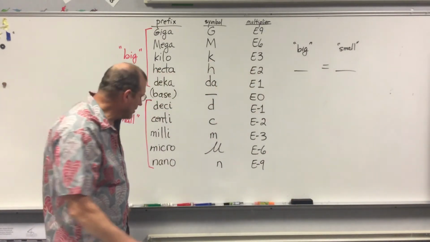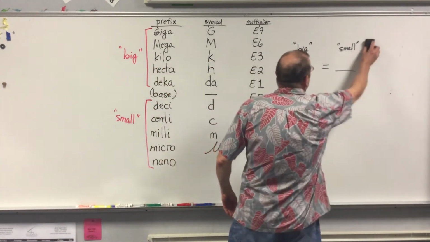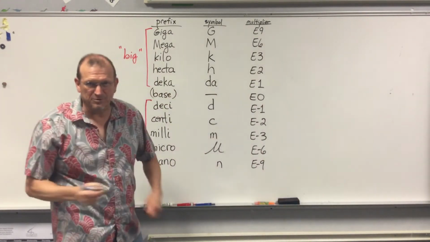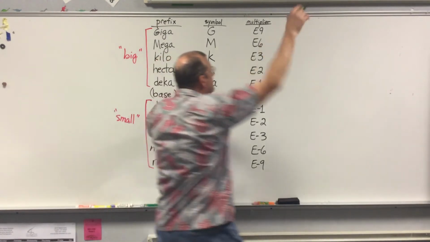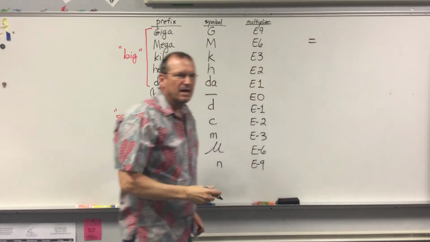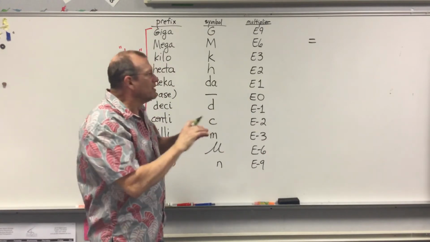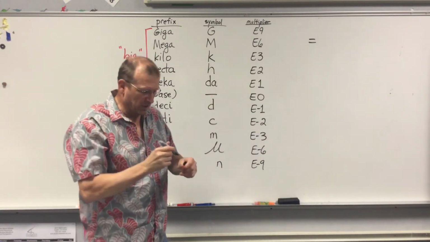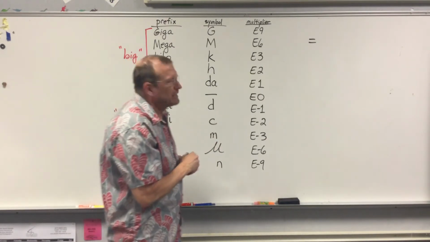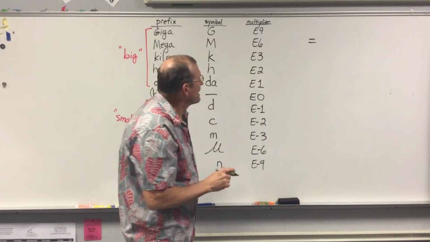Okay, so now, how do you make use of this to make a metric to metric conversion factor? All right, here we go. Let's say, and I'm just going to use a base unit of a star. I'm not even going to worry about whether it's a meter, a liter, or a gram or whatever.